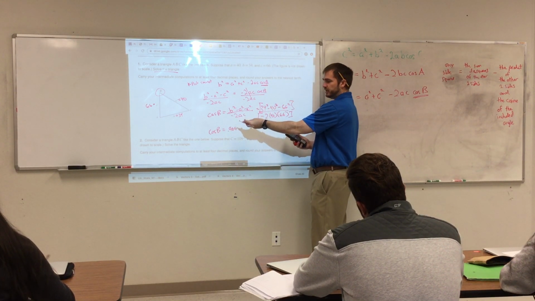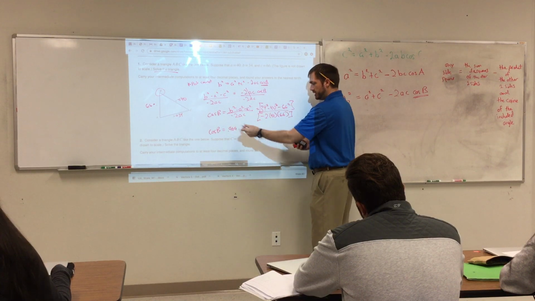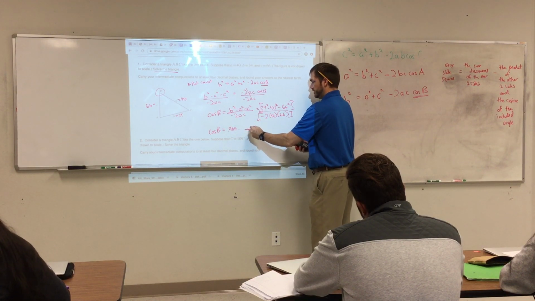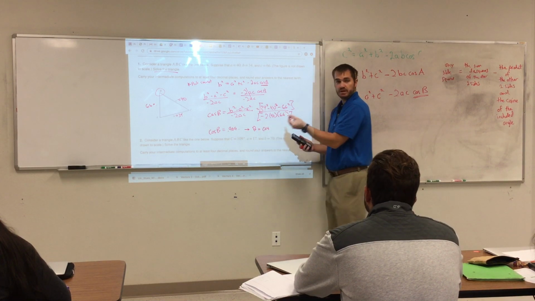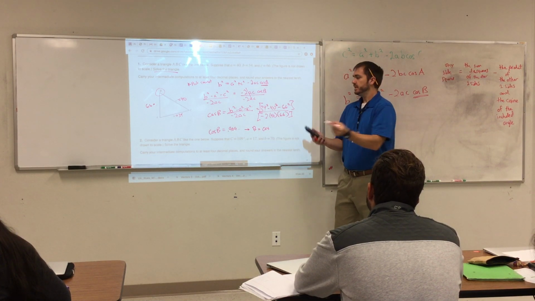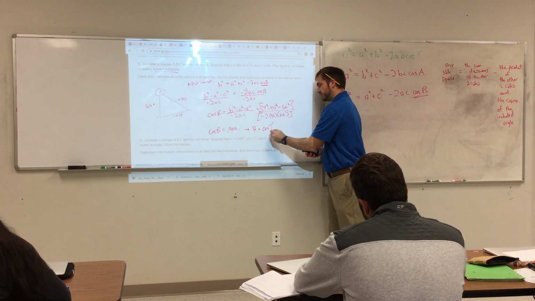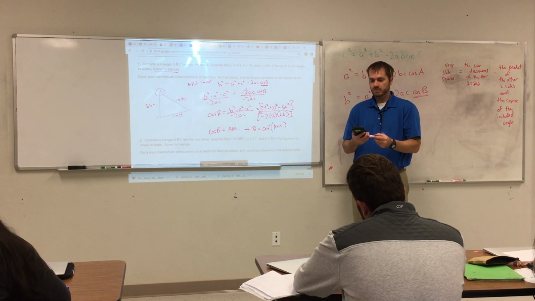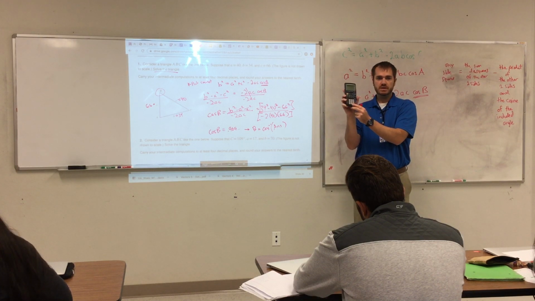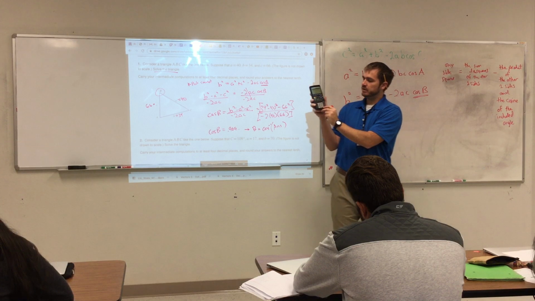Now we want to figure out what actually B equals. So some of y'all saw that. B is going to be, if y'all remember, the inverse cosine. So you do inverse cosine and then you get your calculator, so you just type in answer. Or you hit the up arrow, or if you don't have, do y'all know where the enter key is on these? It's that negative button right there next to the enter.